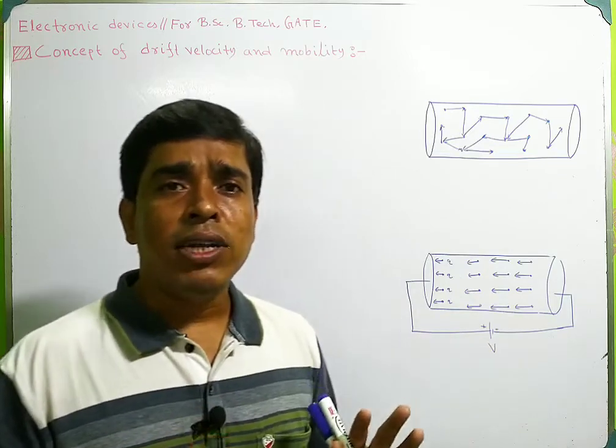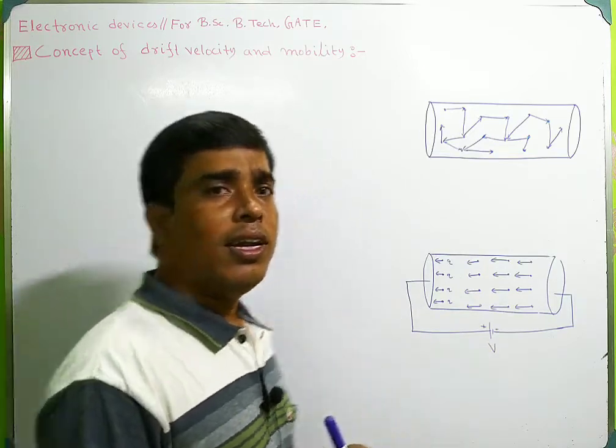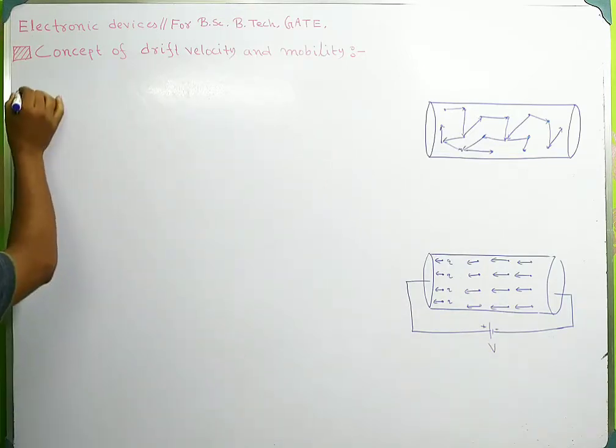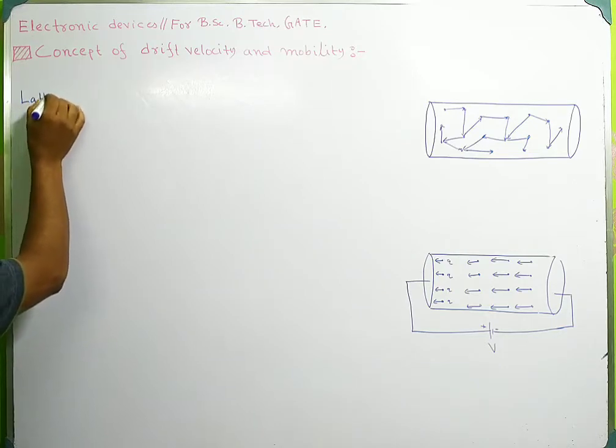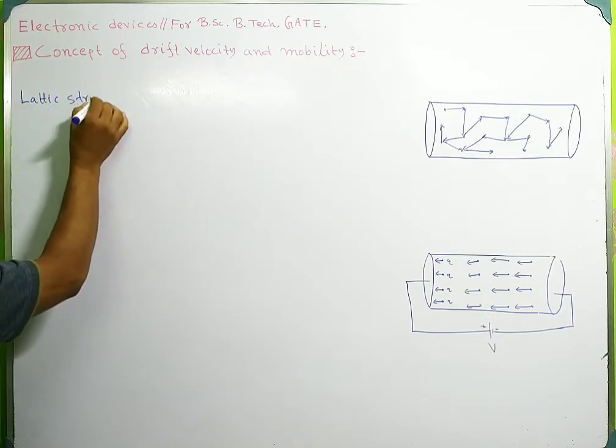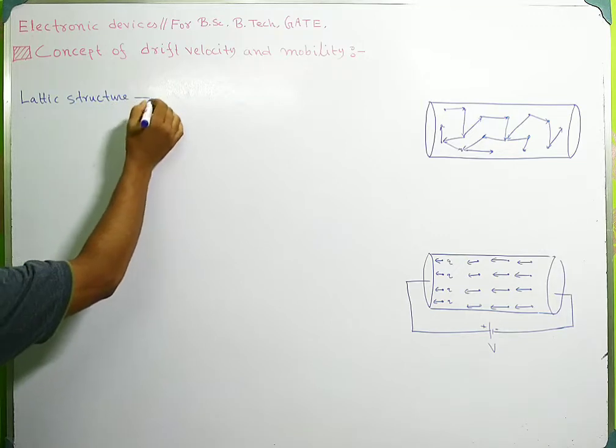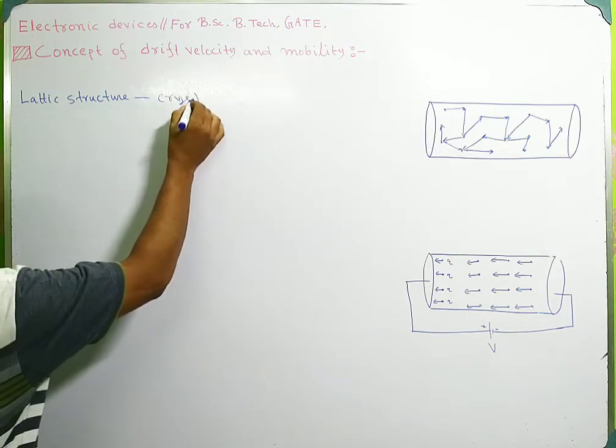This arrangement of atoms is called lattice structure or crystal structure.